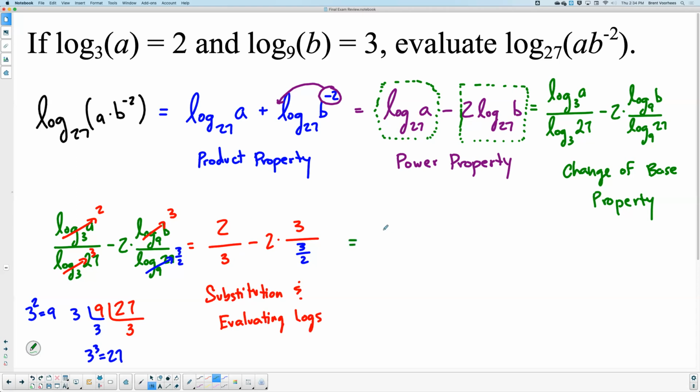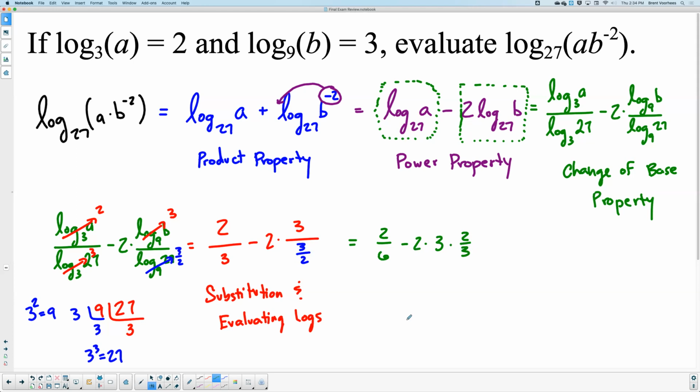All right, I have 2/3. When you have a fraction divided by another fraction, you take the numerator and multiply it by the reciprocal. So instead of -2 times 3 divided by 3/2, it becomes -2 times 3 times 2/3. I just took the reciprocal there.